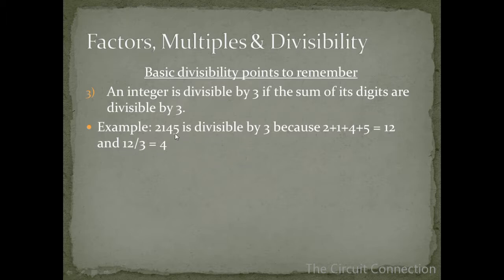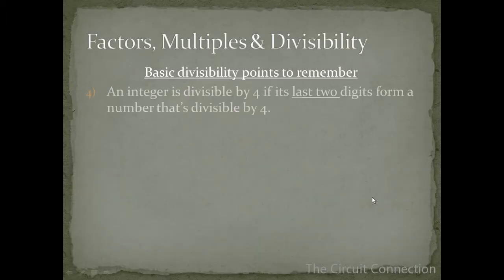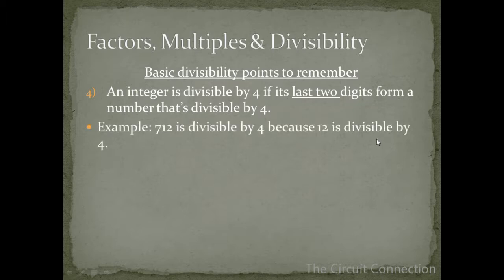So that makes the whole entire number itself, 2145, divisible by 3. Number 4, an integer is divisible by 4 if its last 2 digits form a number that's divisible by 4. So for example, 712 is divisible by 4 because 12 is divisible by 4.